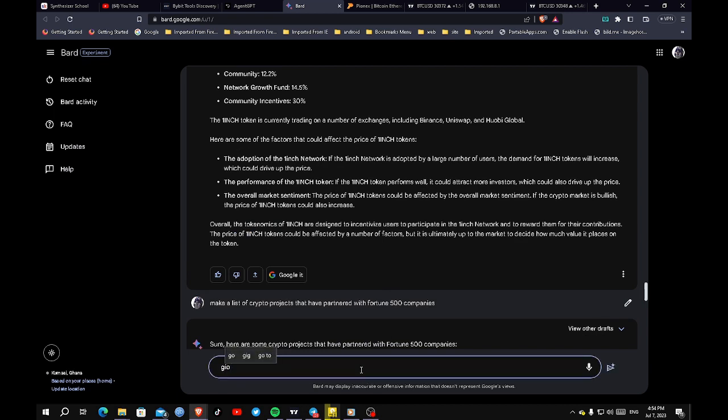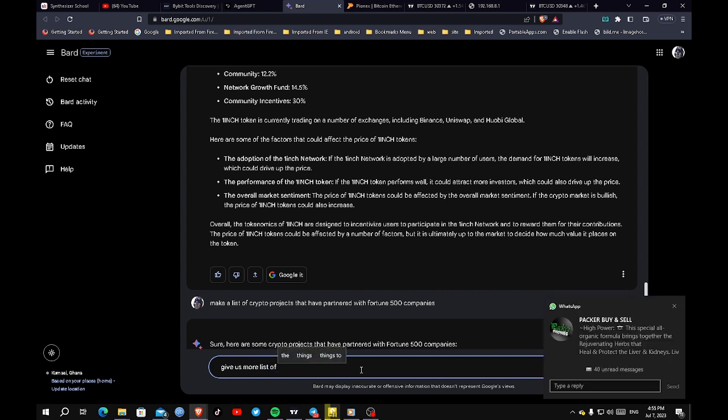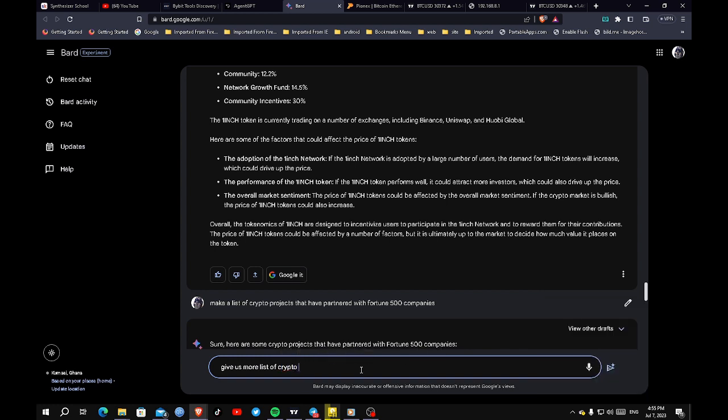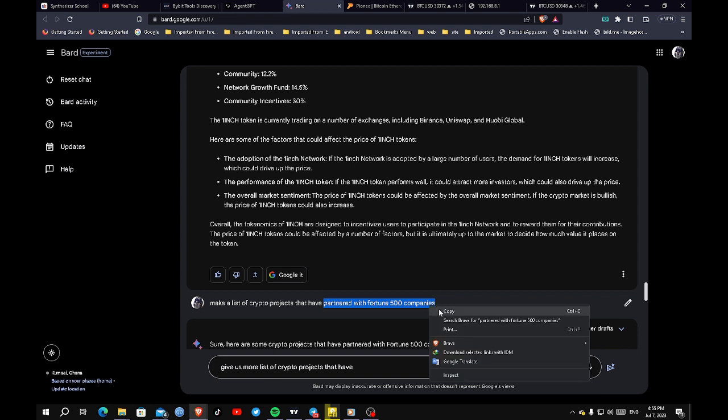So give us more lists of crypto projects that have partnered with Fortune 500 companies.